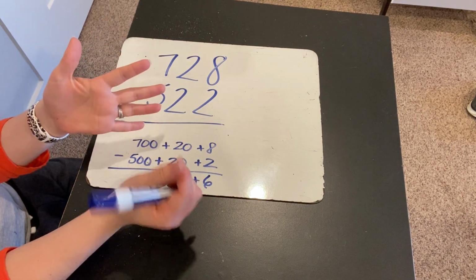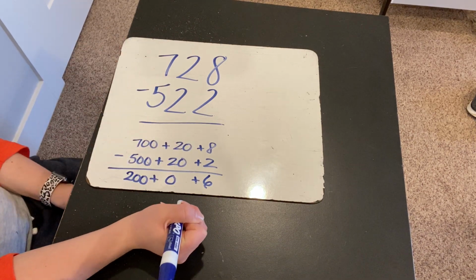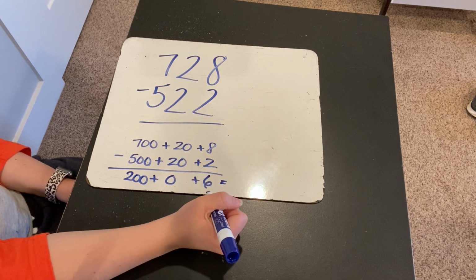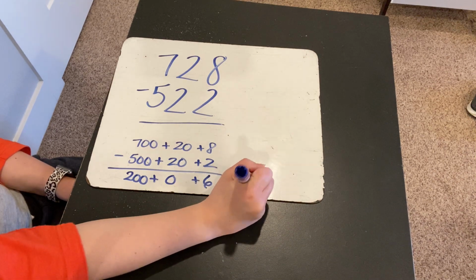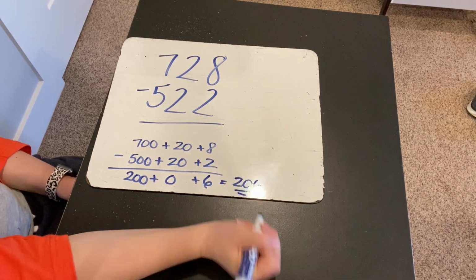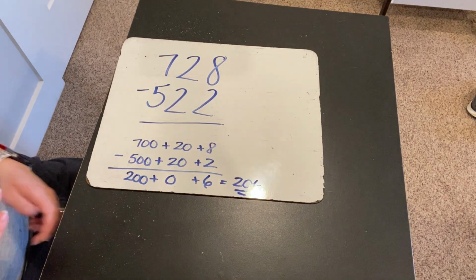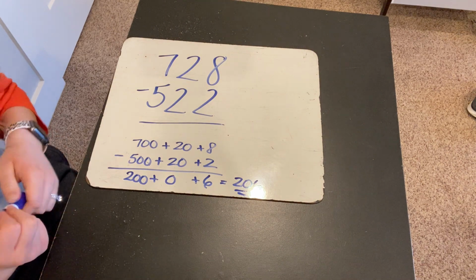So see, I've taken away 500 and gotten 200. And now we add. 200 plus 0 is 200. 200 plus 6 equals 206. So our answer is 206. Hopefully you got 206 no matter which strategy you used. If you got it, that is the correct answer.